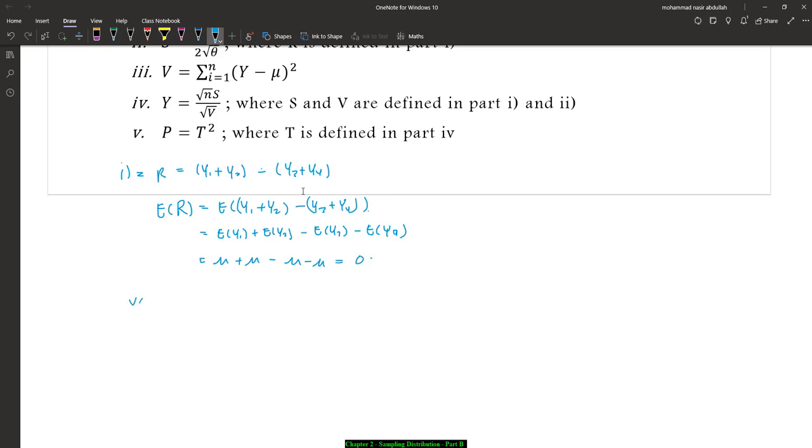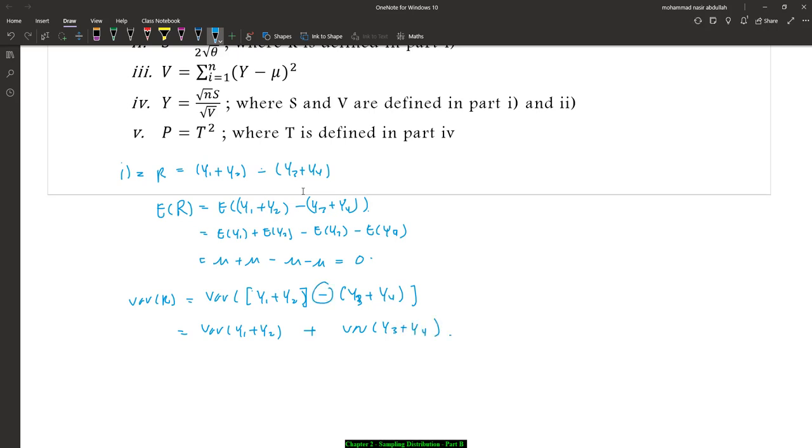Right, so variance of R, so variance of Y1 plus Y2 minus Y3 plus Y4. Right, so this one should be the variance split into two parts, right. So variance of Y1 plus Y2 plus variance of Y3 plus Y4.